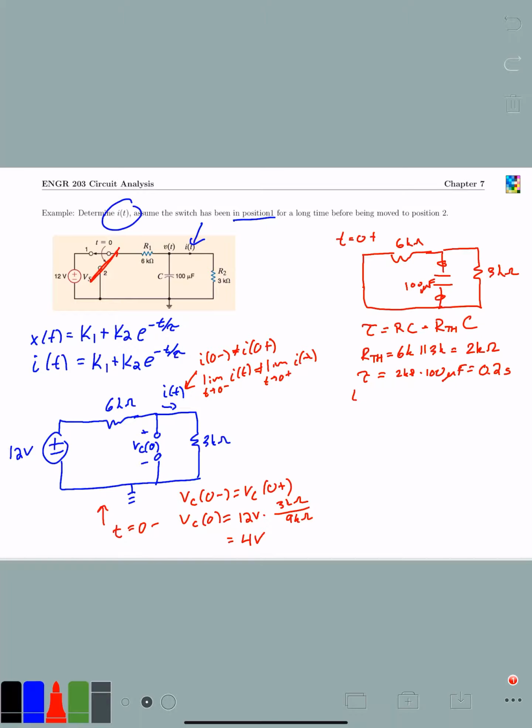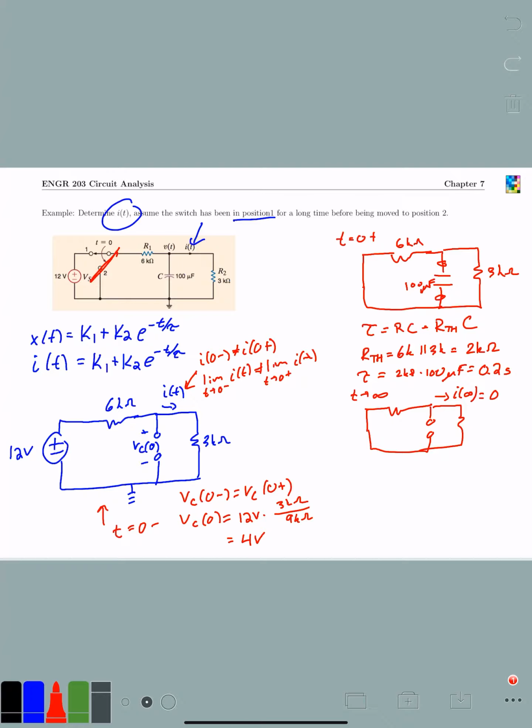To find your K1, you need to look at what happens as you go to infinity. As you go to infinity, the capacitor becomes an open circuit here. And so let's find out what I of infinity is going to be. I of infinity is going to be 0, because nothing's going on around here at this point.